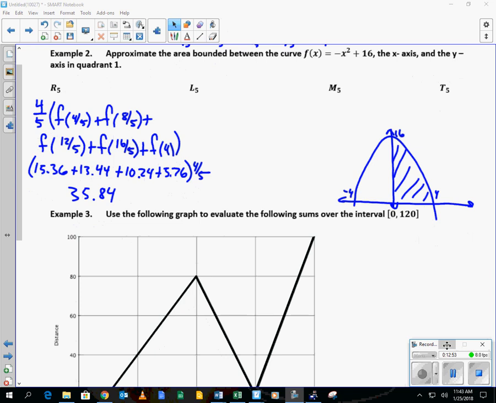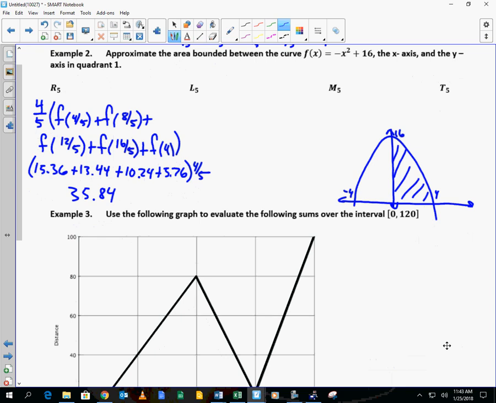Okay, here we go. All right, so we got this one. So the question is, what's going to change for the left hand? I still have 4/5 times. I start with f of 0, right? Plus dot, dot, dot, and I end with f of 16/5, right?